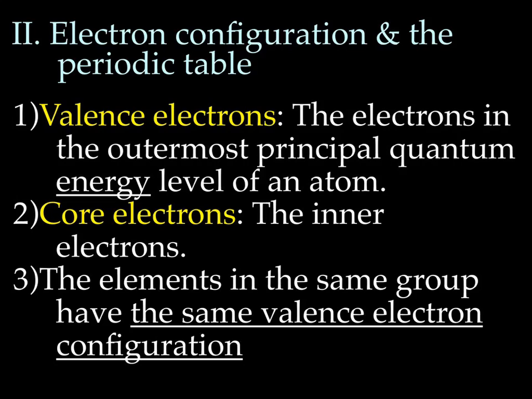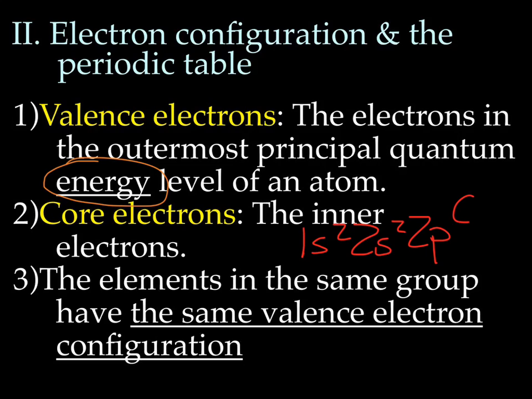We have valence electrons, which are the electrons in the outermost principal quantum energy level of an atom. That's huge. And the core electrons are the inner electrons. So if I were to write the electron configuration of, let's say, carbon, we have 1s2, 2s2, 2p6.